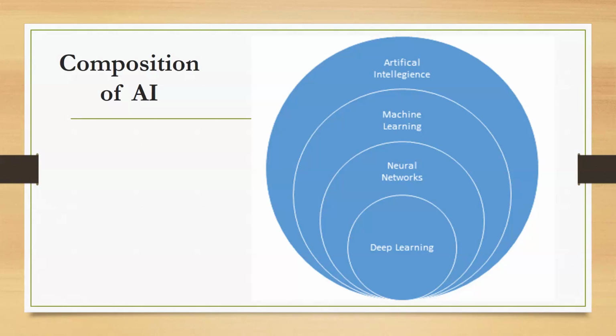Under it we have machine learning, which is a subset of AI, and it specifically has to do with the computer being used to learn things by itself.